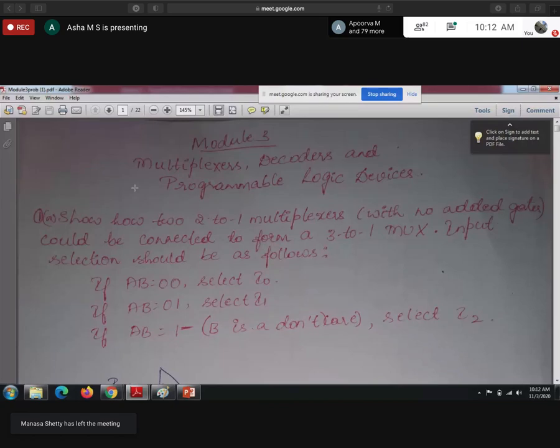If A equal to 1, B's don't care, where the hyphen means B's don't care, select I2.